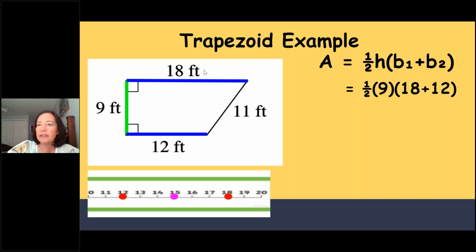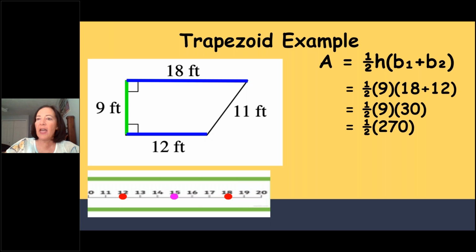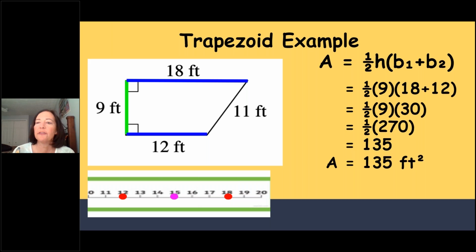Base 1 is 18 plus base 2 is 12. And now all we have to do, you could plug all of that into your calculator. And you would see that the value of the area is going to be 135 feet squared.